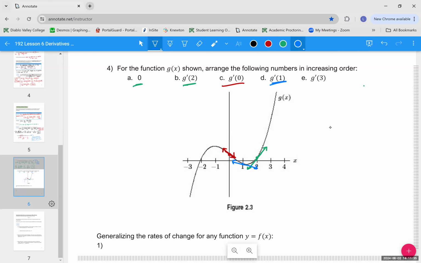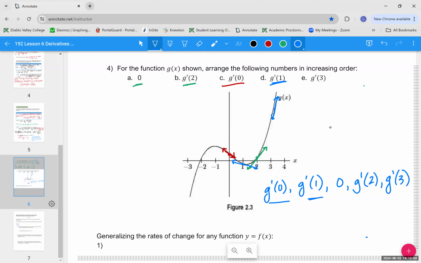And then g prime of 3. Oh, that's way up here. We're talking about a very positive number. So if we're going to look at smallest, I think we'd probably start with g prime of 0. Next biggest would be g prime of 1. Then the 0, since these two are both negative, followed by g prime of 2, and ending with g prime of 3.